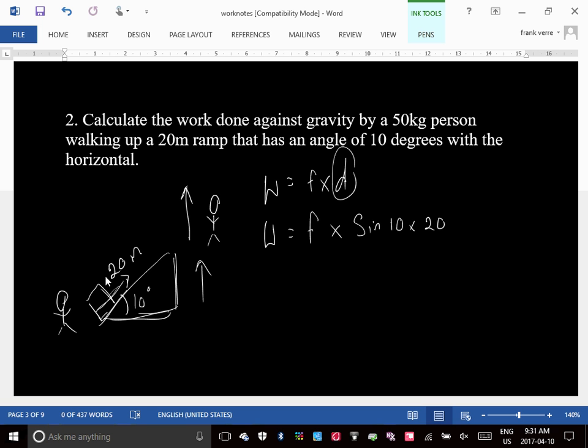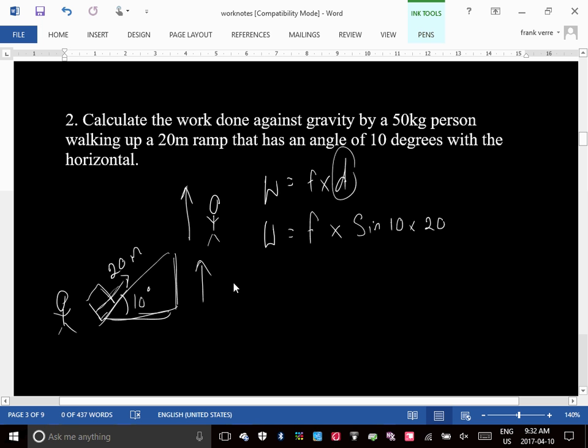Now, there's also friction, right? So the work done in that scenario is going to be a little bit different, because now we can think about work being done parallel to the length of the ramp. But we'll deal with that scenario at a different time. Okay? So right now we're going to assume no friction.